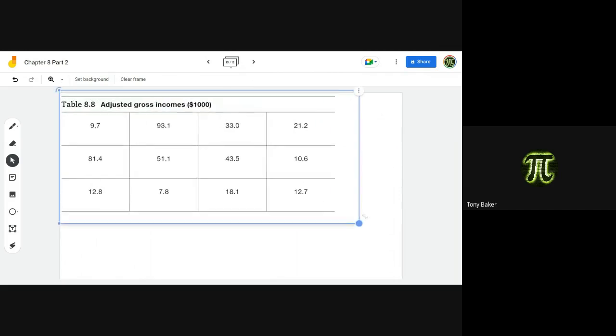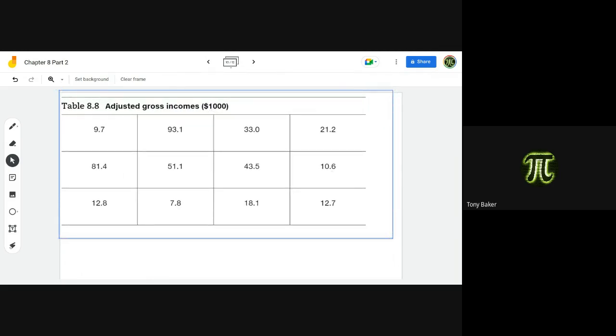So these are adjusted gross incomes in thousands of dollars. So the IRS looked at 12 sample returns, and they want us to find the confidence level for this data.